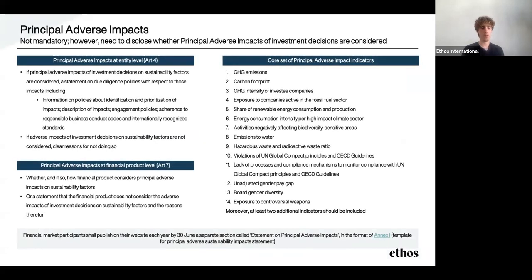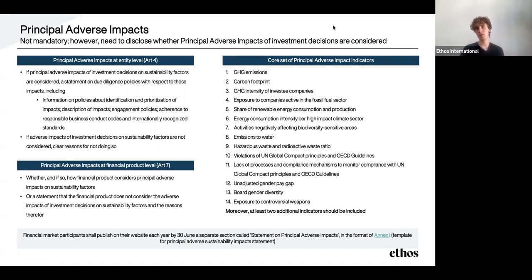Here is then the list of principal adverse impacts that are obligatory for a fund that is disclosing principal adverse impacts. If you want to decide that we do not consider principal adverse impacts and the effect that the fund that we are managing has on nature and society, you can disclose that we do not consider these factors important or essential, and that is why we don't collect information on them.